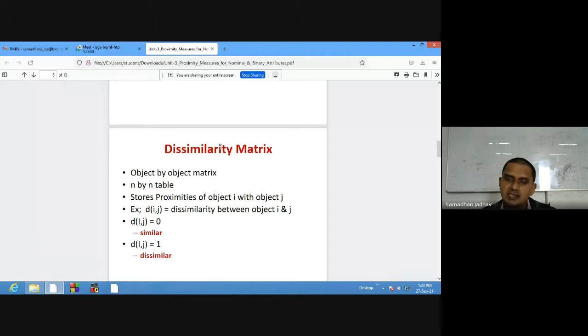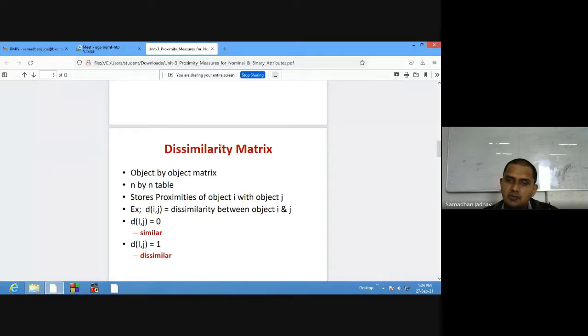So what will be the dissimilarity of object 2 with object 2? How much can an object be dissimilar with itself? It's 0, right? Any object with itself, how much can it be dissimilar? 0. So the dissimilarity of object 1 with 1, 2 with 2, 3 with 3, the values will be 0.